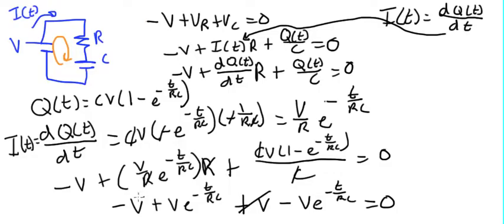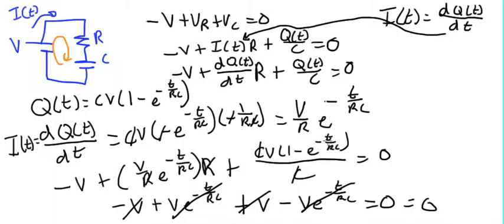Plus and minus V's cancel, V e to the minus t over RC's cancel, and we get 0 equal to 0, and voila, it's a solution. Time for great celebration and merriment.